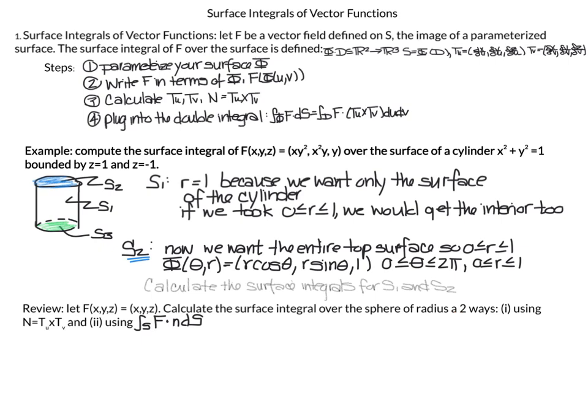So a is the radius, and we want to do this two ways. One, using our normal equals t_u cross t_v, so this normal method up here. And then second, using the normal form, the dot n form. Pause the video, and when you come back, I'll have just a couple of quick comments and then solutions for you.